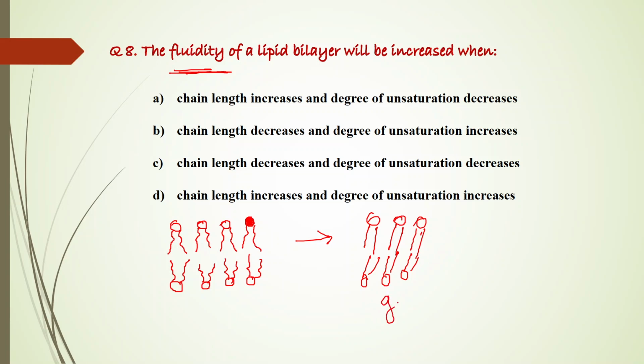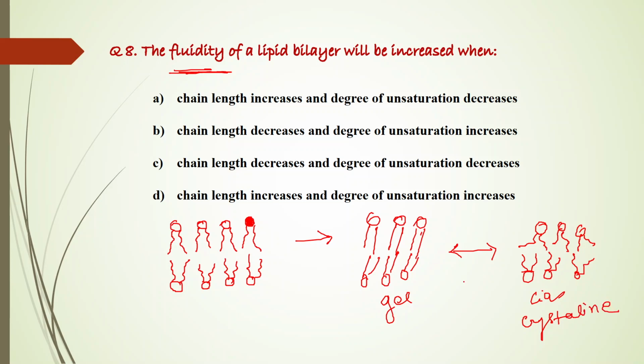So this is your gel state. It can also exist in a randomly oriented state, which looks like this, and is known as the liquid crystalline state.